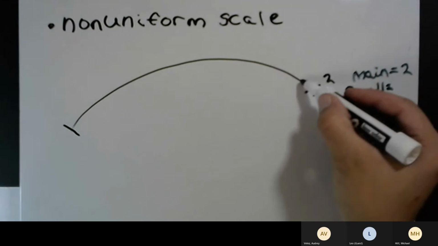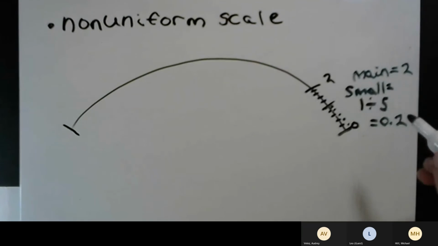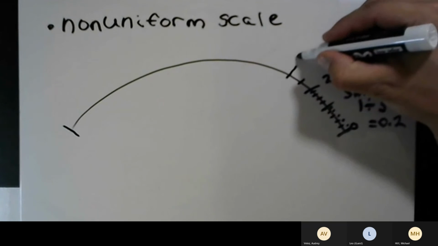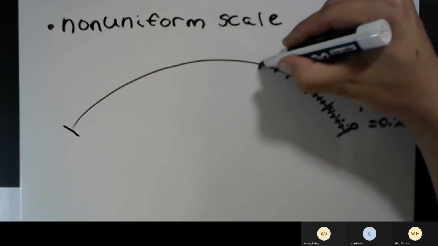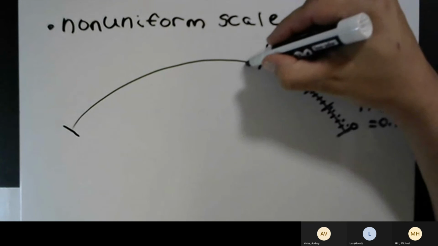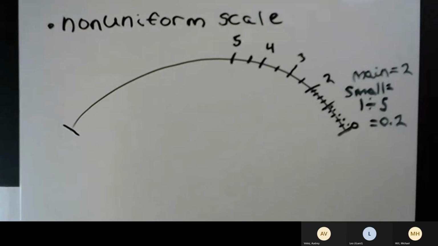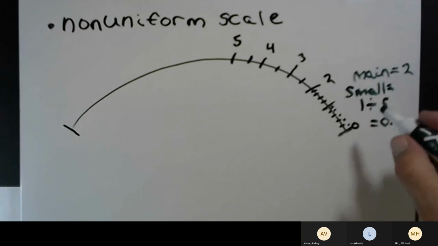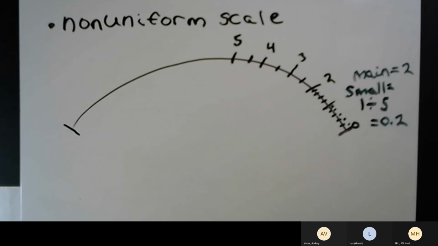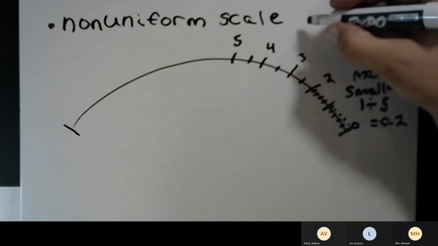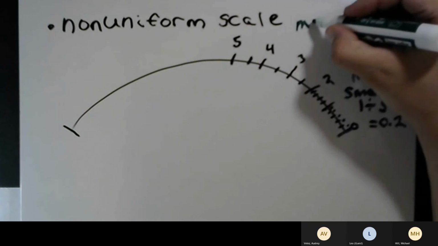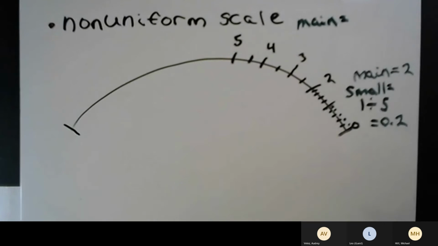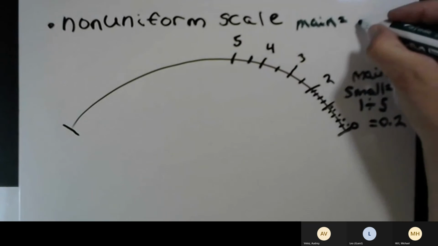Now let's change it up a bit. Now for this part, the main scale, or the main division rather, is now going to be 1.